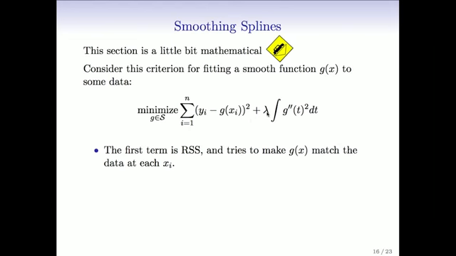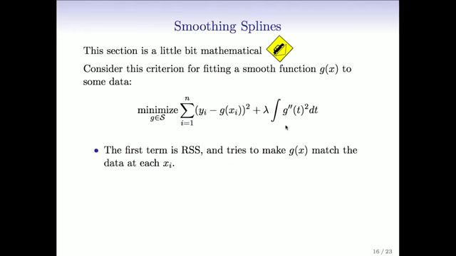Now, if we didn't have the second term, we'd just pick any crazy interpolating function that visited every y exactly. So what the second term does is it constrains the functions over which we search to be smooth. This is a somewhat complex penalty, but it is the second derivative of the function squared, integrated over the whole domain.